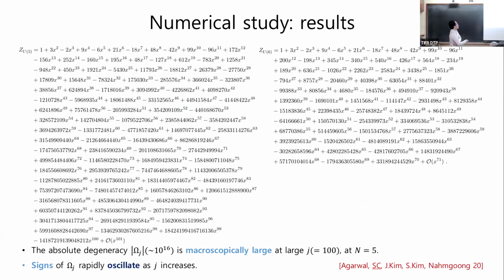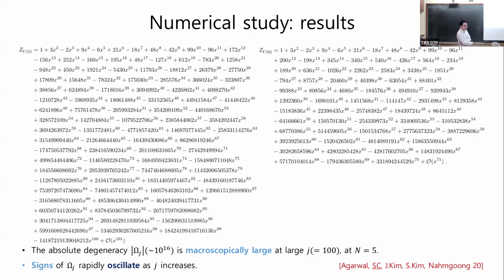So let's say for U(5) we compute until x to the 100, and for U(6) we compute until x to the 70. You can see this number is quite large, right? So the degeneracy is macroscopically large at large charge and large N squared. But the sign in front of each degeneracy is rapidly oscillating.